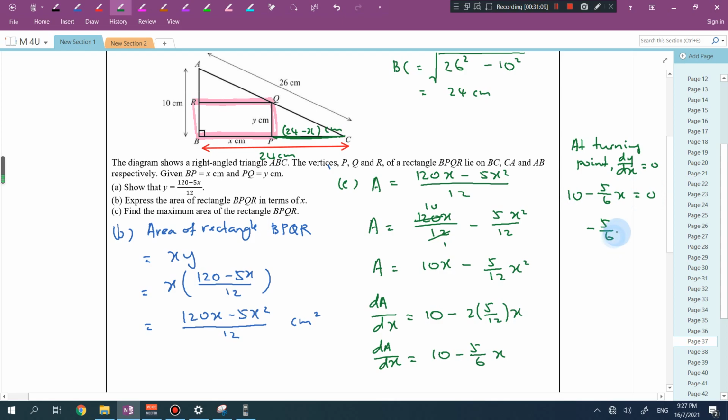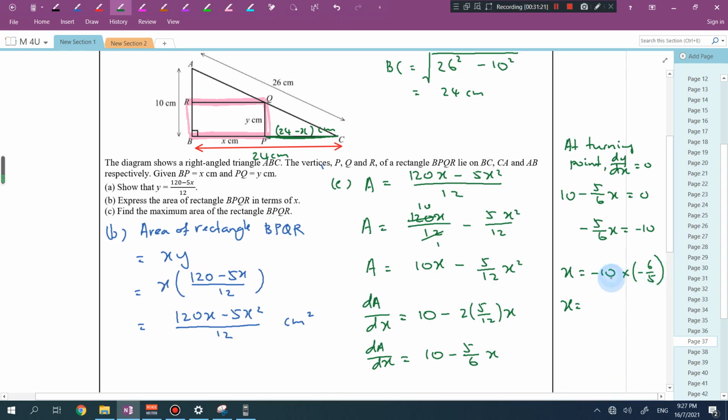Negative 5 over 6 x is equal to negative 10. x is equal to negative 10 times negative 6 over 5. So x is equal to 12. It means that when x is equal to 12, the area of this rectangle is the largest one, maximum.